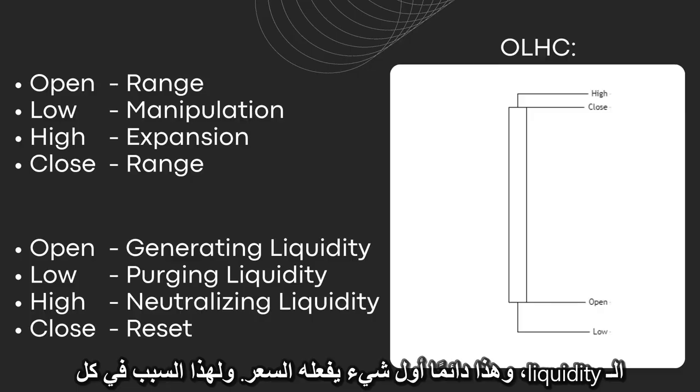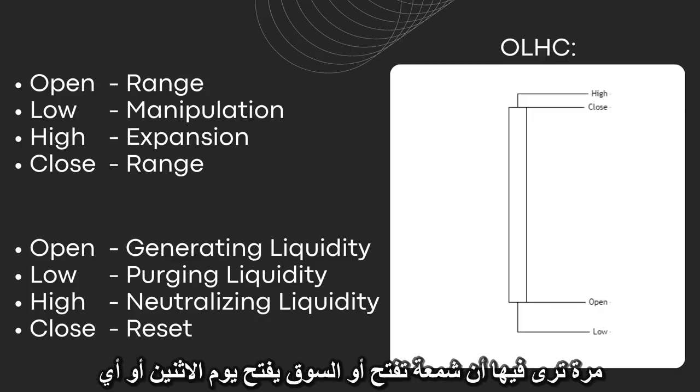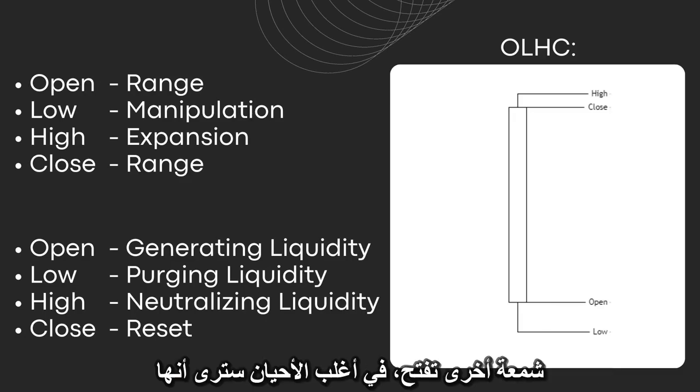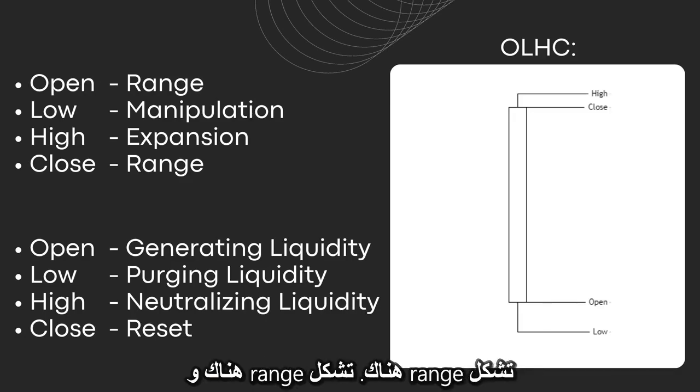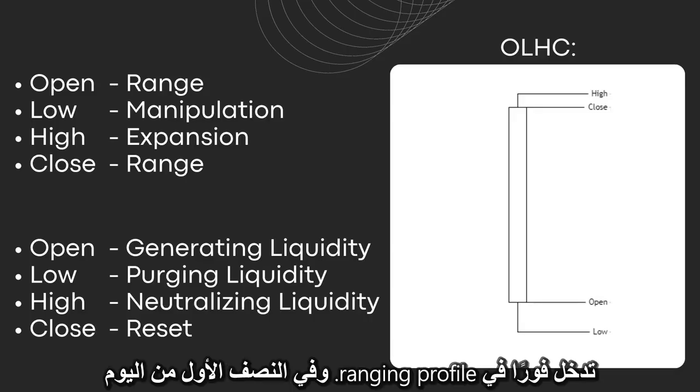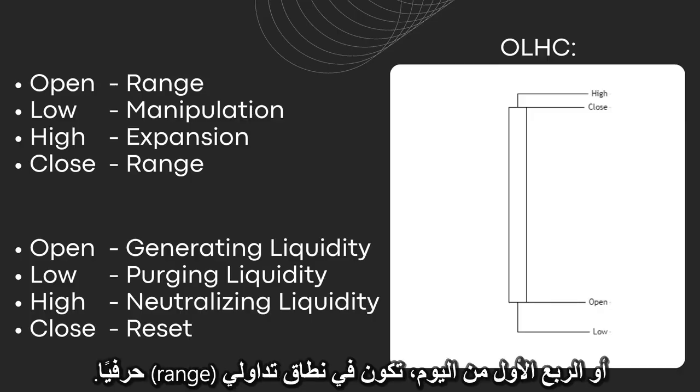That's why every time you see a candle open, or the market open on Monday or any other single candle open, more often than not you're going to see that it forms a range there, right? It immediately goes into a ranging profile, and for the first half of the day or the first quarter of the day, it literally ranges, right?